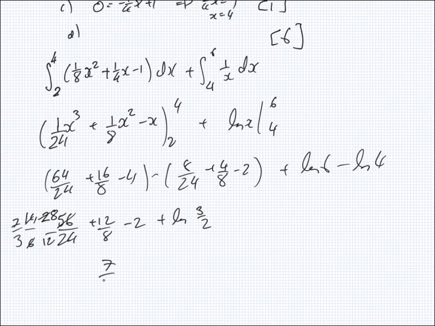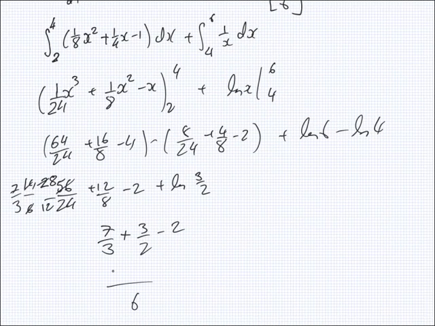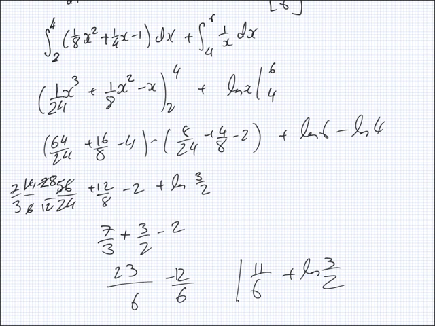So it's 7 over 3 plus 6 over 4, 3 over 2, minus 2. 14 plus 9 is 23, minus 12 over 6, 11 over 6, plus log 3 over 2. Yes. Correct? Wonderful. Who needs calculators?